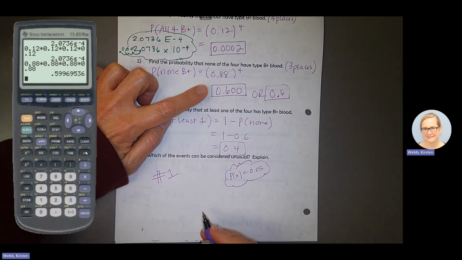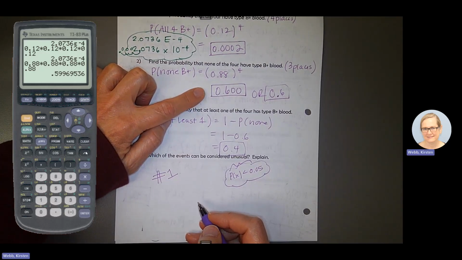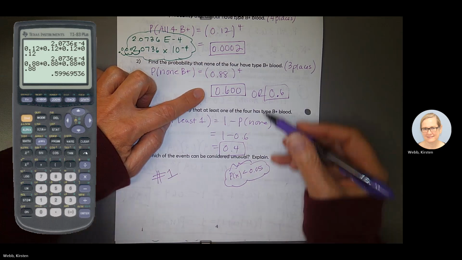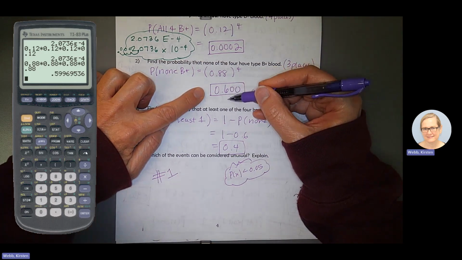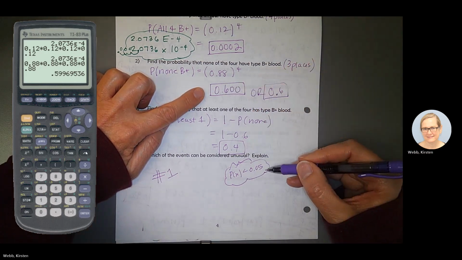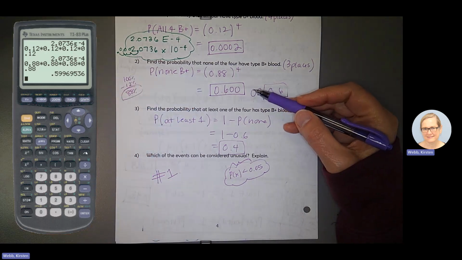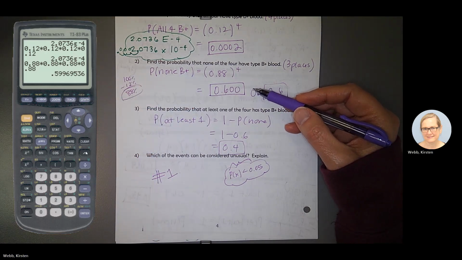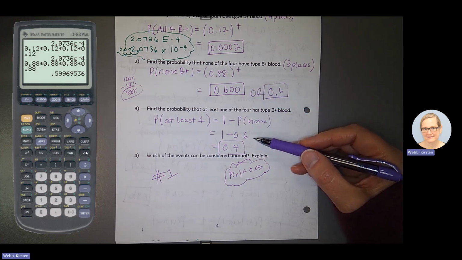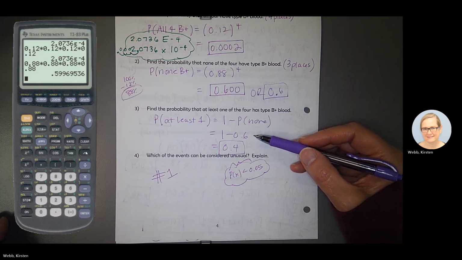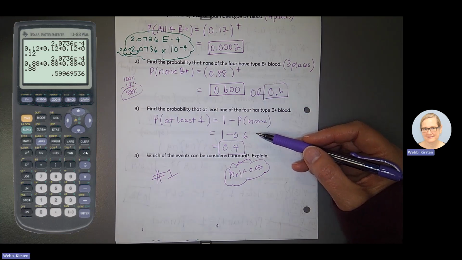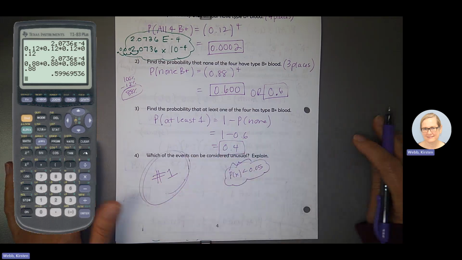How about number 2? Is 0.6 less than 0.05? 0.6 is like 60%. 0.5 is like 50%, and 0.05 is like 5%. That one's too high to be unusual, isn't it? What about the 0.4? Is that one unusual? No, that's like 40%. So just one.